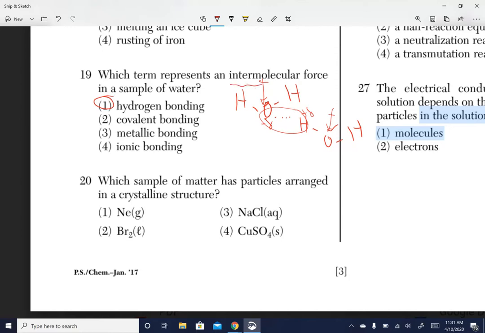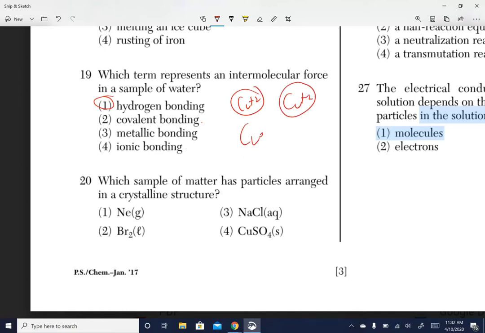Anyways, hydrogen bonding is a force. And now intermolecular is this, between two molecules. So 2, 3, and 4 are all intra, right? So if you have a water molecule, this chemical bond is covalent bonding. Metallic bond is in any metal, right? So if you have, let's say, a piece of copper, you got Cu plus 2, Cu plus 2.